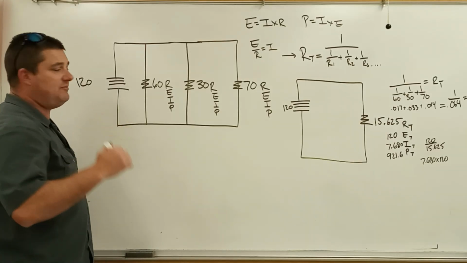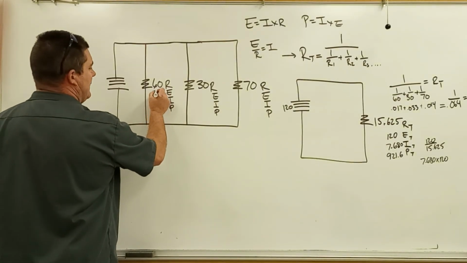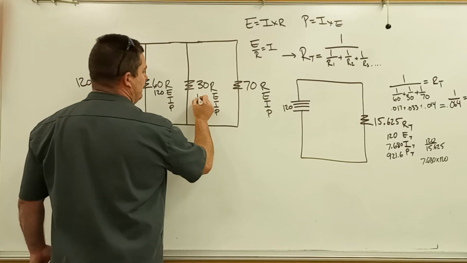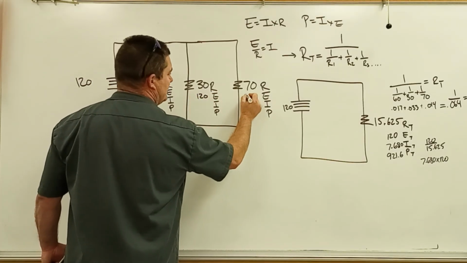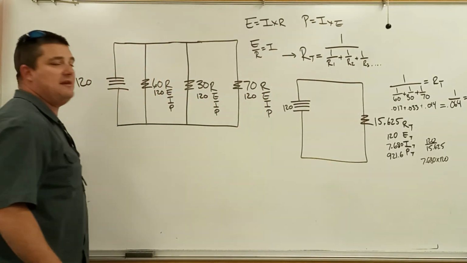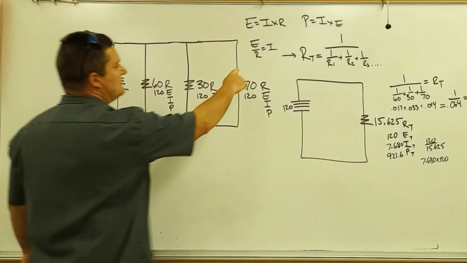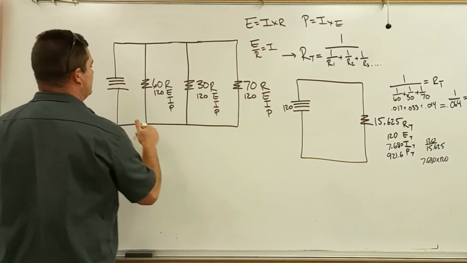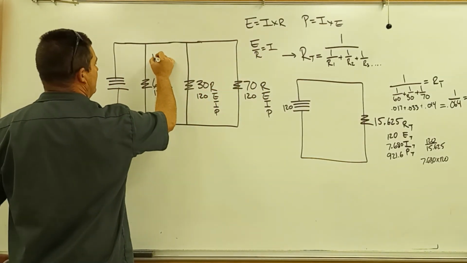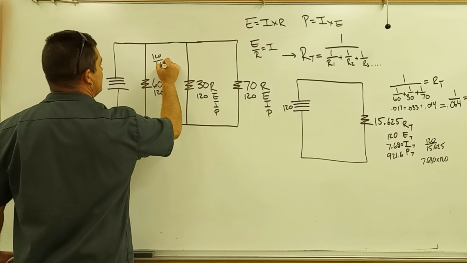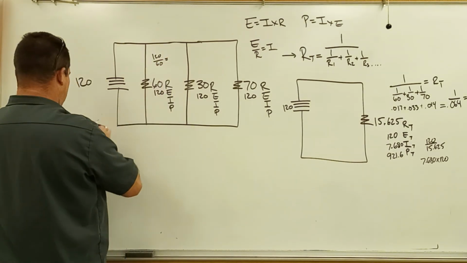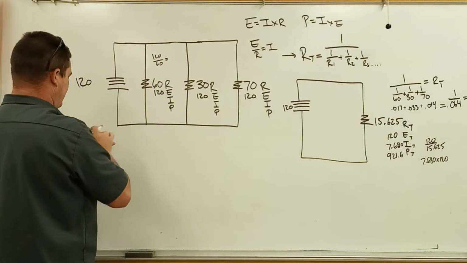Now, working our way backwards, this is a parallel circuit. Voltage is constant in a parallel circuit. So right here we add the 120 to all of my missing voltage variables. And then now you're simply solving and applying the formulas. So E divided by R equals I. So 120 over 60 equals 2.